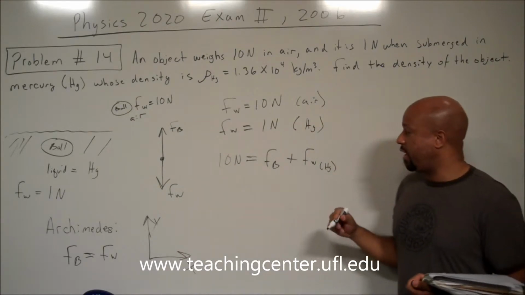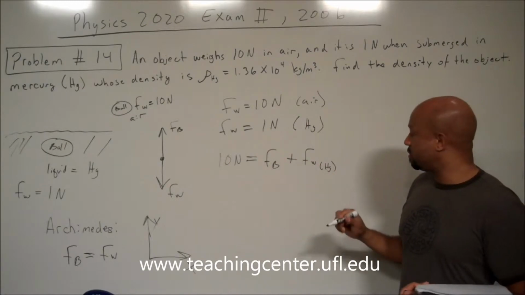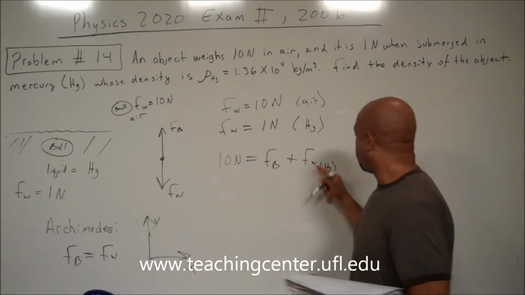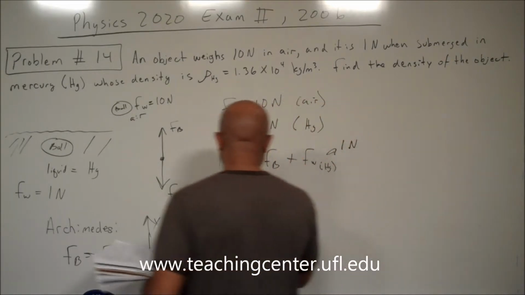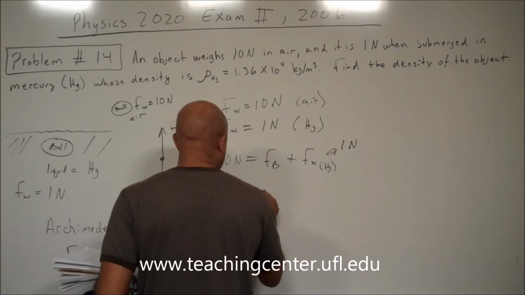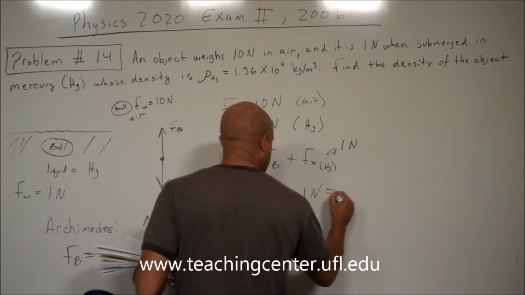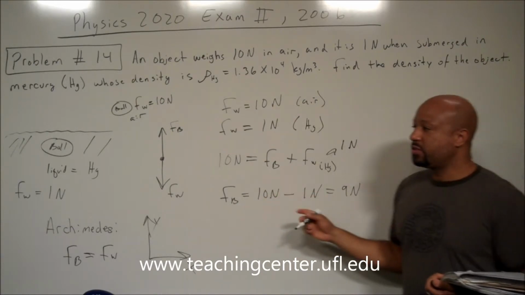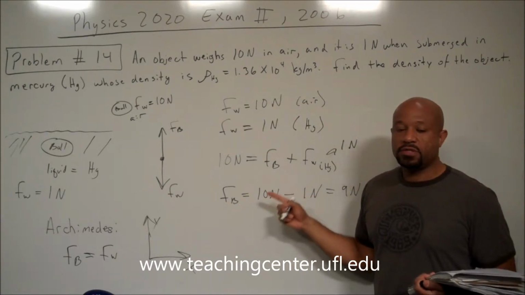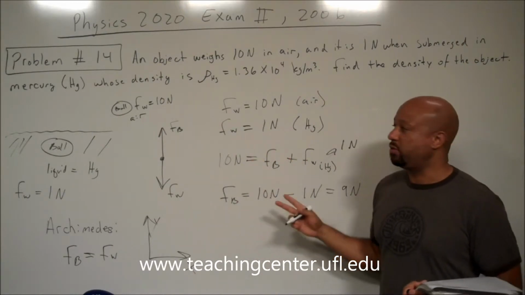Okay? And so we are going to try to find the buoyant force. Well, we know the weight in the liquid is 1 newton. So we can solve this equation. The buoyant force is equal to 10 newtons minus 1 newton, which is equal to 9 newtons. All right? This is the amount of force that the liquid is applying onto our object that's submerged in mercury.